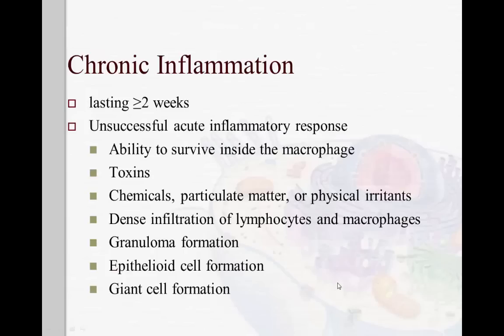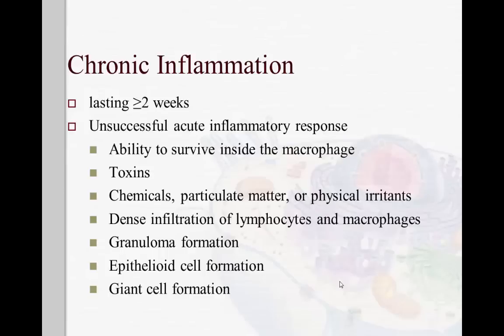Now let's talk about left shift before we go into chronic inflammation, because this is going to be on your exam. When a patient comes in with leukocytosis, WBC elevated, more than 10,000, you look for immature cells being formed, or bands, B-A-N-D-S.